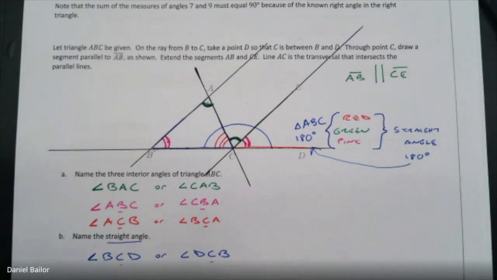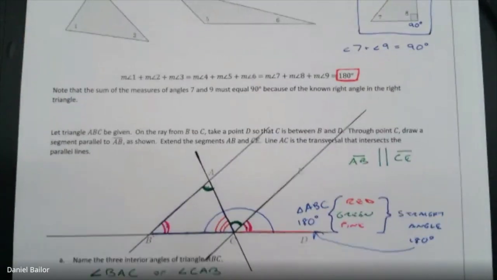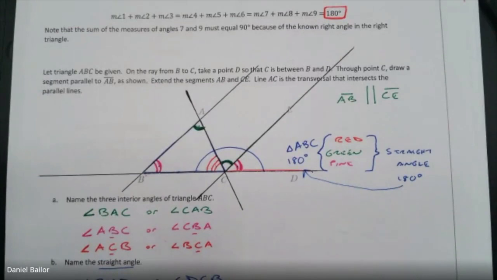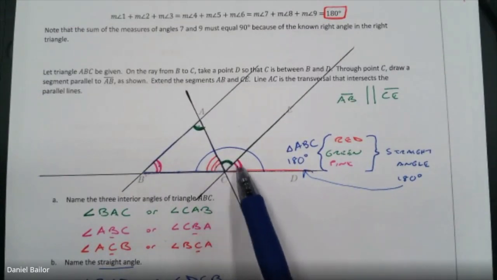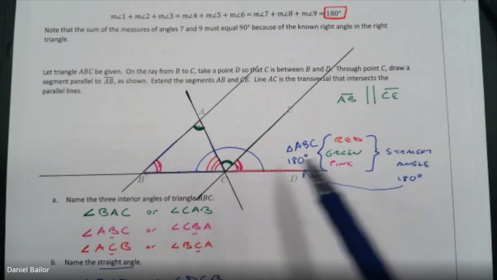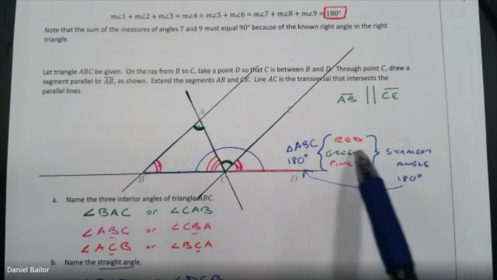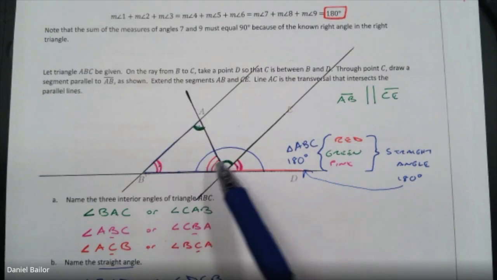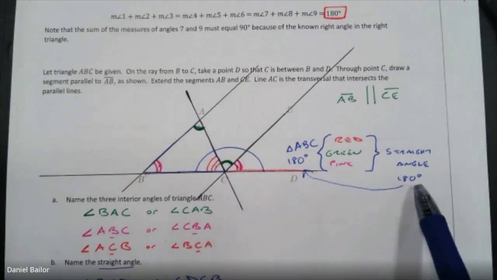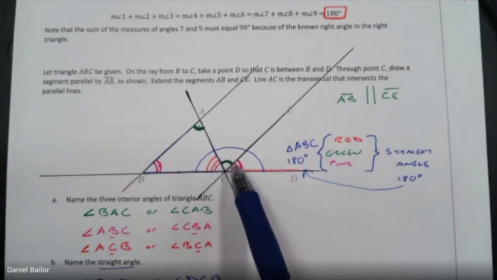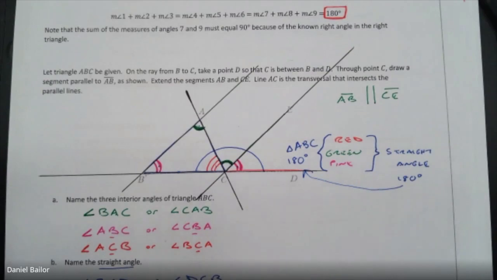I told it to you up here, but now I just proved it to you with this. Because red, green, and pink make a straight line, and we also have red, green, and pink inside a triangle, we know a straight angle and the triangle are the same, which means they are both 180 degrees. So that was just how you prove a triangle has 180 degrees.